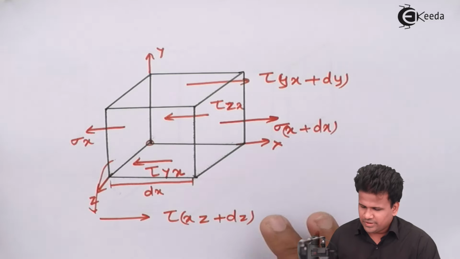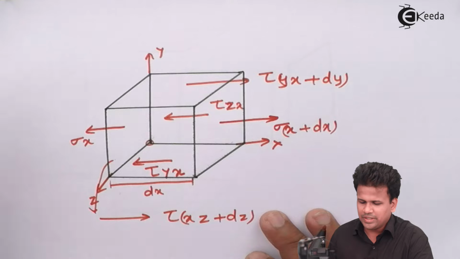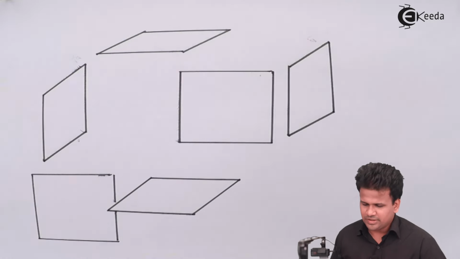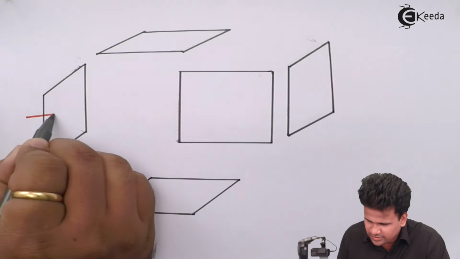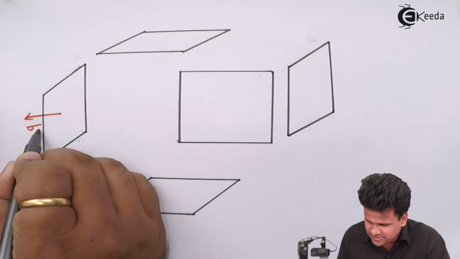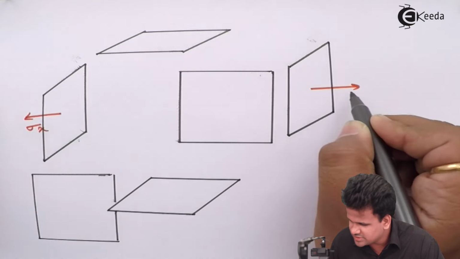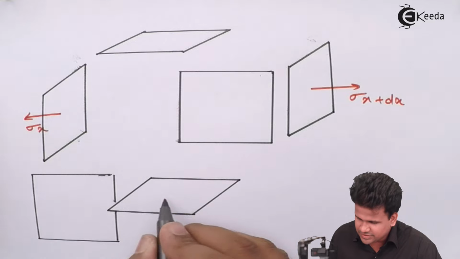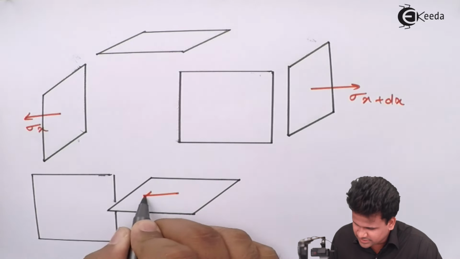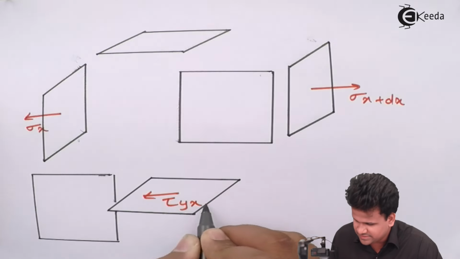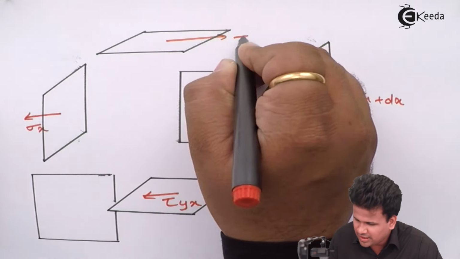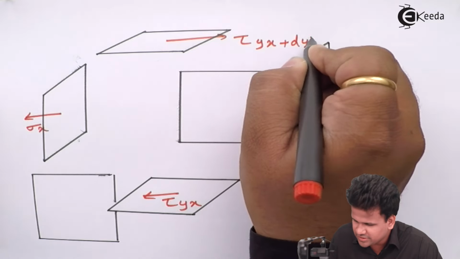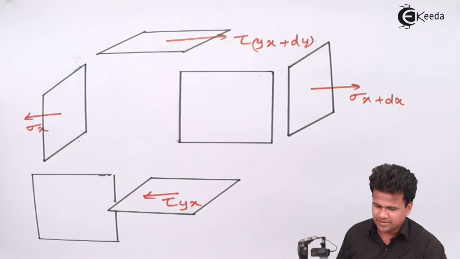Now over here we can split this into individual planes, which I have drawn over here. Now these are the three individual planes. Over here the force along the x direction will be sigma x, and along the x plane sigma x plus dx. Along the y direction, this is tau of y plane x direction, this will be tau of y plane x direction plus dy, since the distance between these two planes is dy.